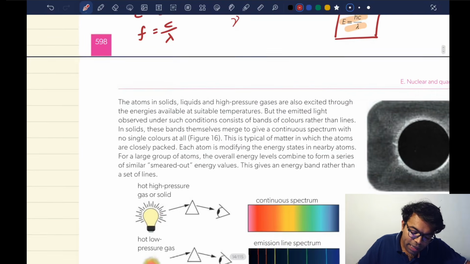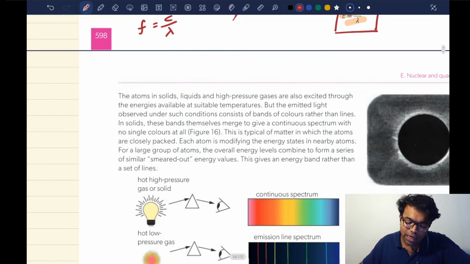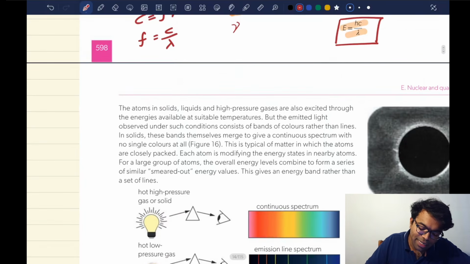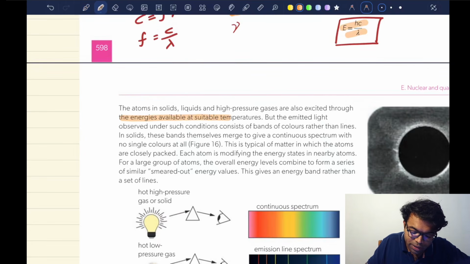Now, atoms in solids, liquids and high pressure gases can also be excited through the energies available at suitable temperatures. If you place these atoms and molecules in a suitable environment and increase their temperature, you can make them excited.